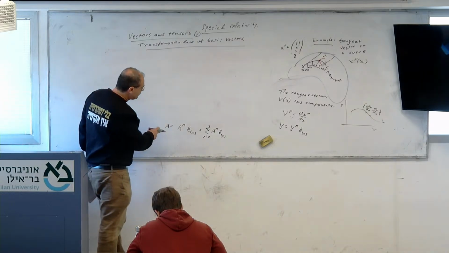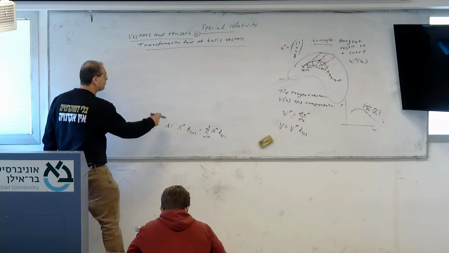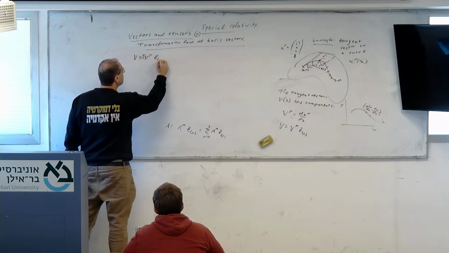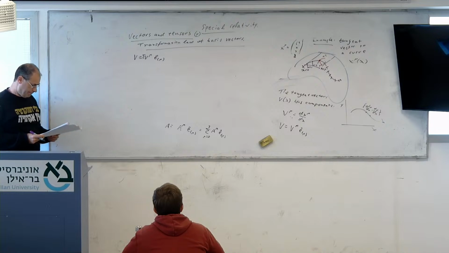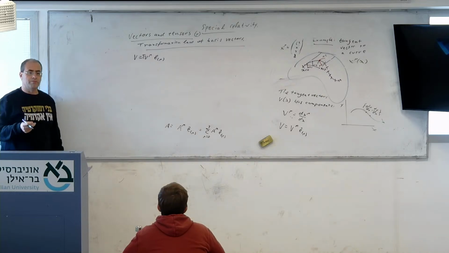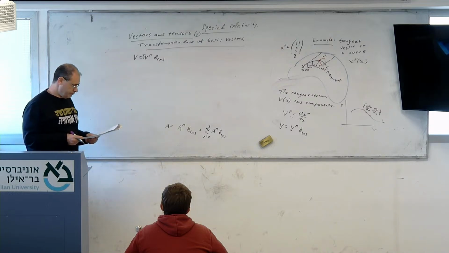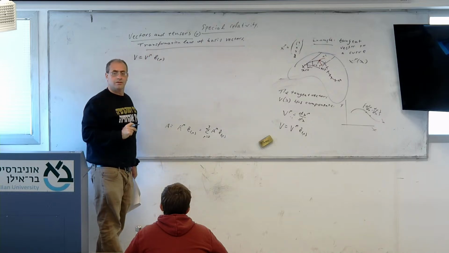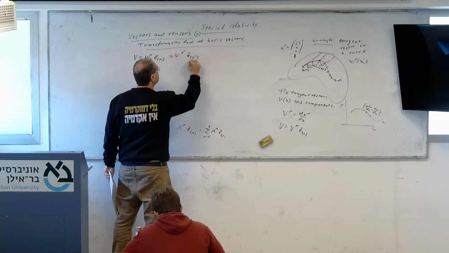So if you have a vector v whose components in any given basis look like that, v is the sum of v mu e mu. If I'm looking at another basis, e mu prime, how's that vector going to look like? v mu prime e mu prime.